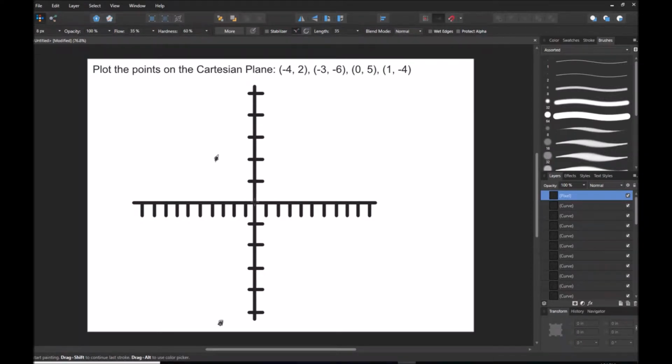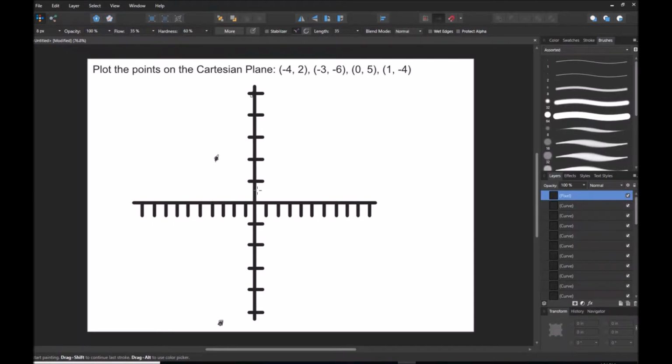So because the x value is 0, we know we're going to be working along this y-axis here, and our y value is 5, so we go up 5 because it's +5, meaning we go 5 above the origin. So we just count 5 spaces up here all the way to the top, and we put our little point there, which you can't really see, but just imagine it's there, I guess.